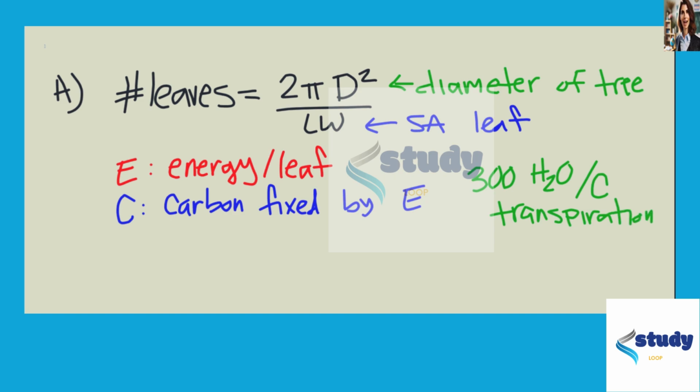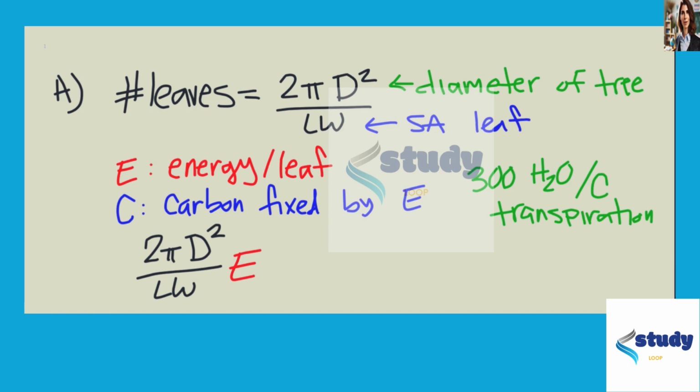Then we will want the number of leaves, and that was given to us as 2 pi d squared times LW. Multiply that by the amount of energy per leaf, and that's going to give us our total intake of energy.